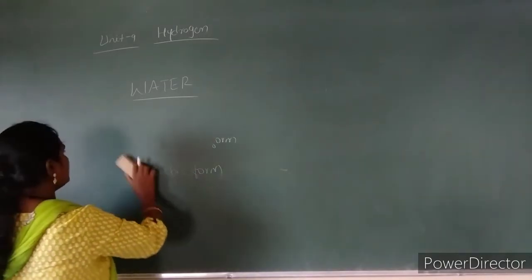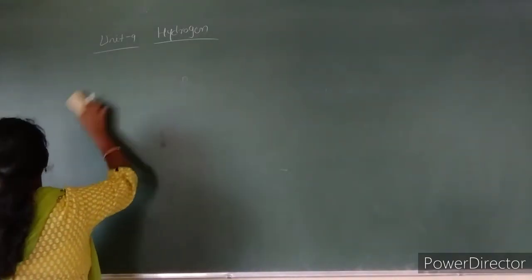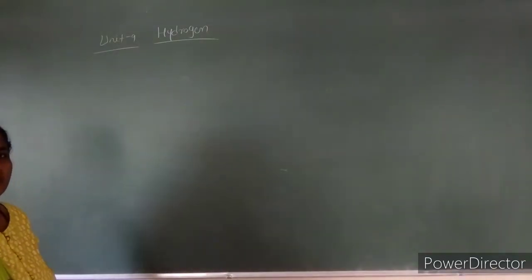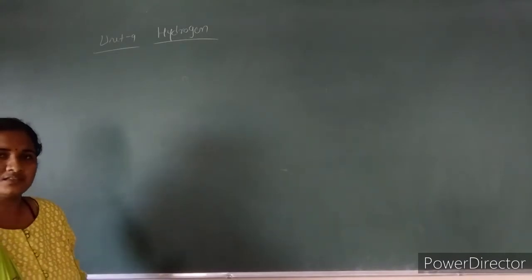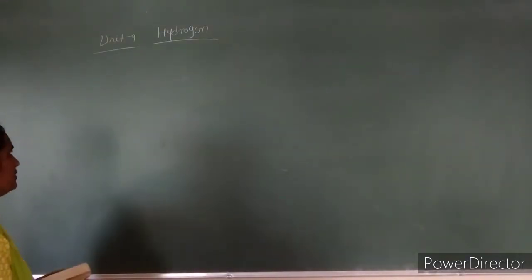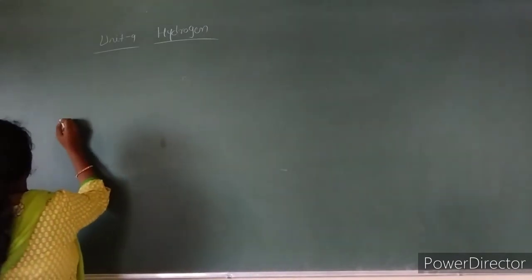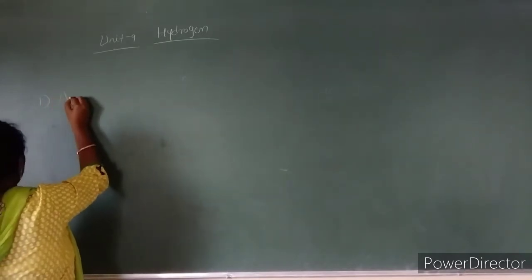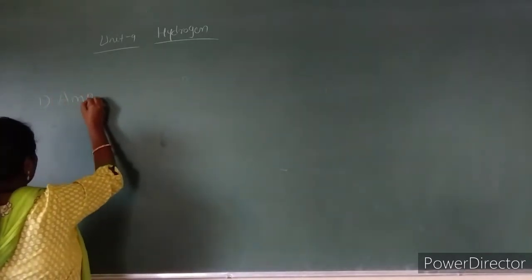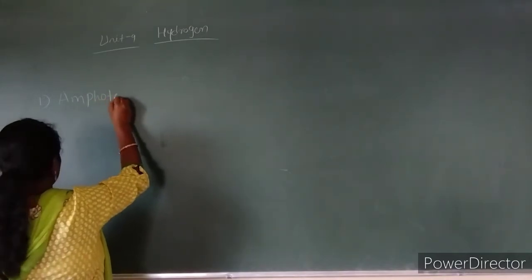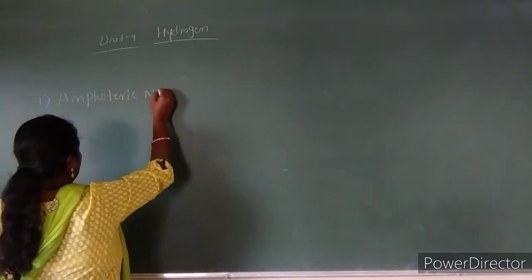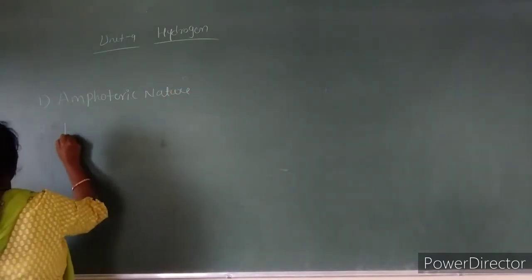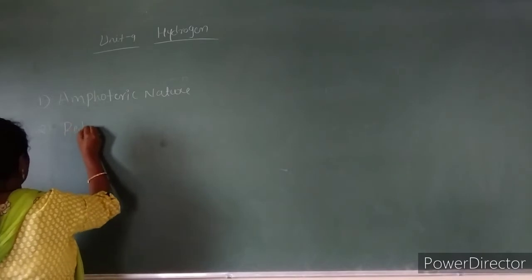If we move towards the chemical properties of water, it is reactive with many elements. Water shows many chemical reactions with a number of elements, but out of those we have 4 important chemical properties. One is the amphoteric nature of water. The second property is redox reaction.